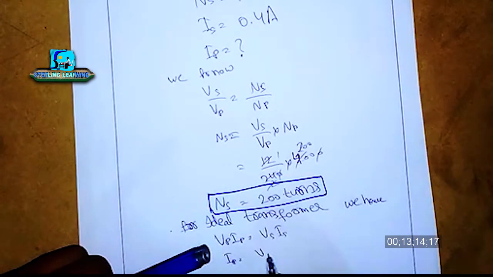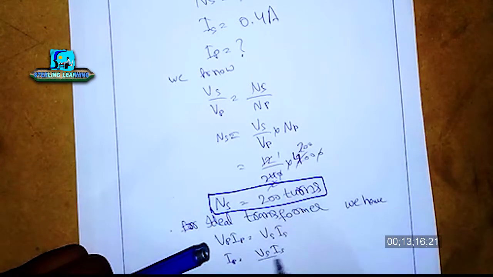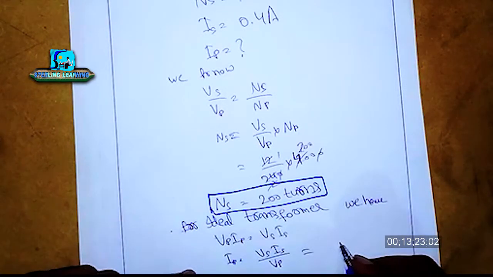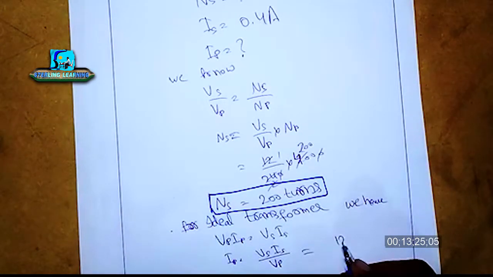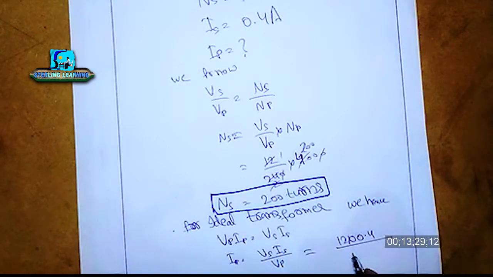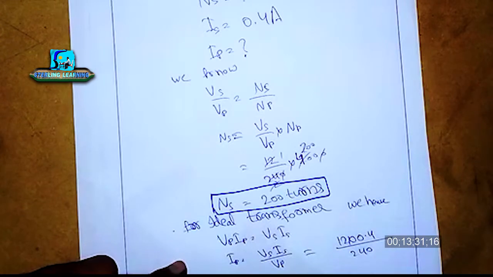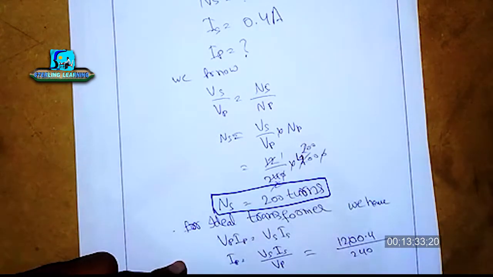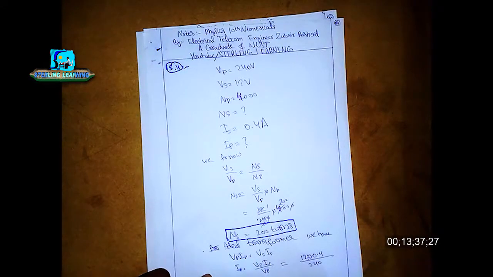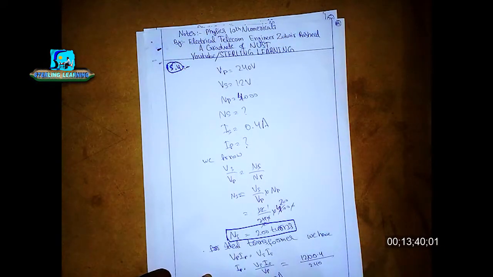So Ip equals Vs Is over Vp, which is equal to Vs 12 into 0.4 over Vp, which is 240. So Ip comes out to be 0.02 amperes.